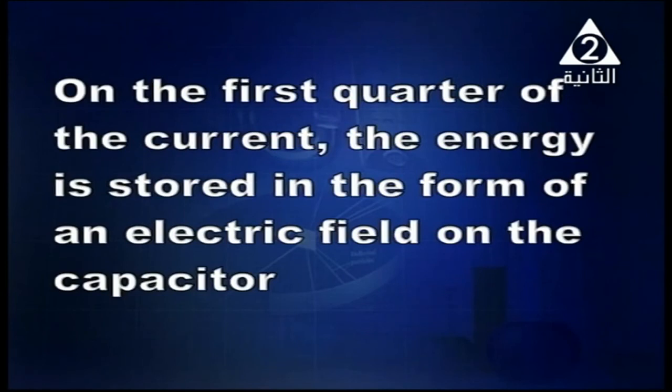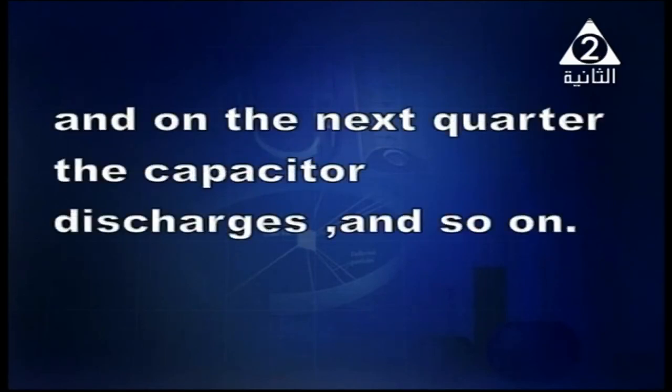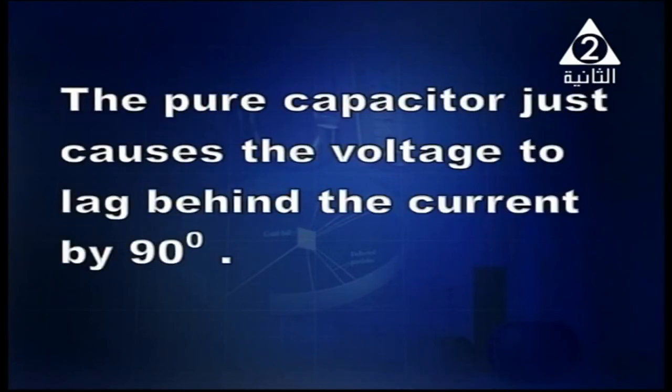On the first quarter of the current, the energy is stored in the electric field on the two plates of the capacitor, and on the next quarter, the capacitor discharges, and so on. The pure capacitor just causes the current to lead the voltage, or causes the voltage to lag behind the current by 90.